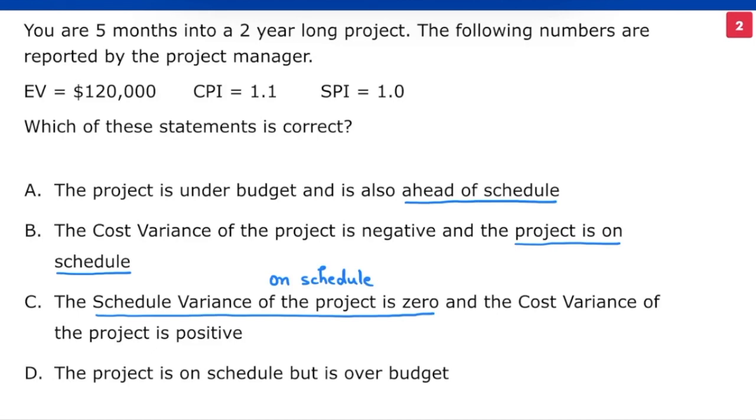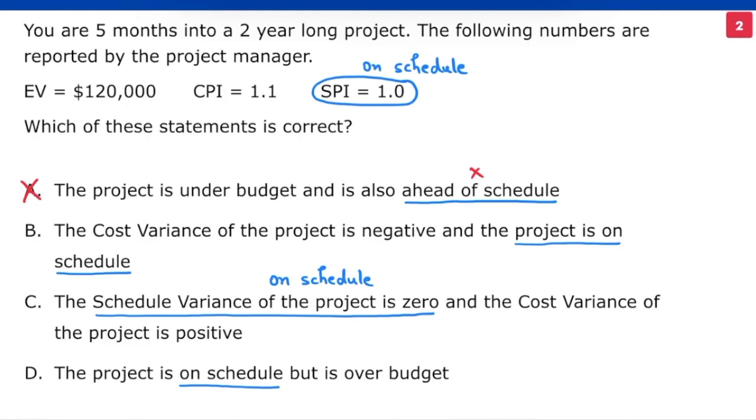D also says the project is on schedule. SPI is 1. This means the project is on schedule. A is incorrect. We are left with 3 options.